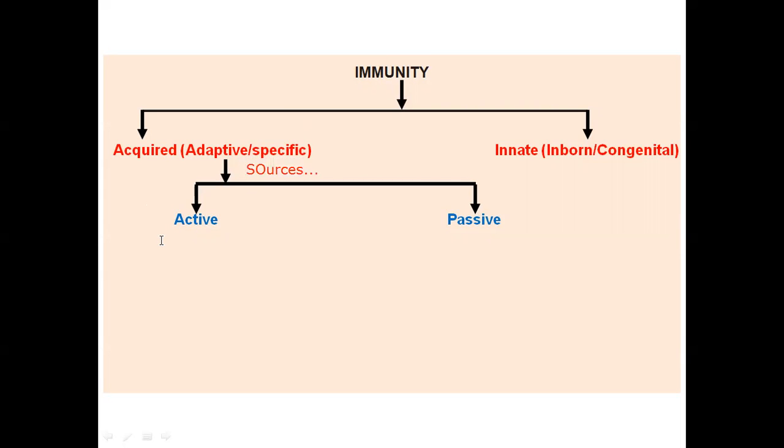Actively acquired immunity is when the antibodies are produced inside the body itself, by performing cell-mediated and humoral-mediated immunity.